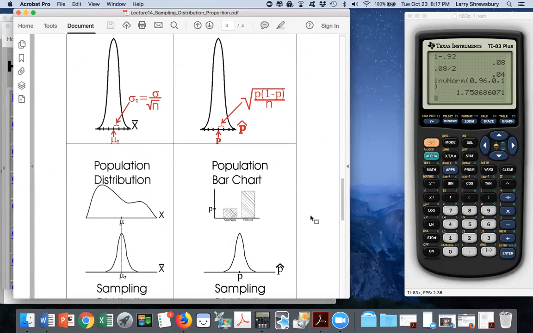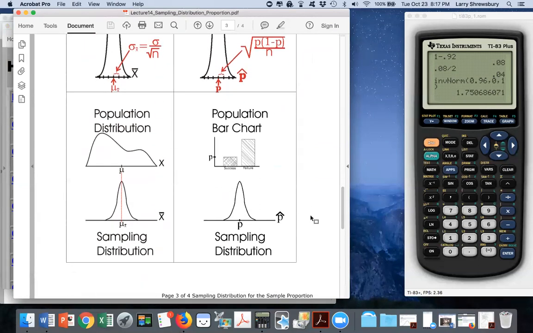There are some wild things with binary data: the population has no shape, center, or spread. It's just a bar chart. And yet your sampling distribution is something entirely different from a population distribution. Because every time I take a random sample from there, I'll get a sample proportion.